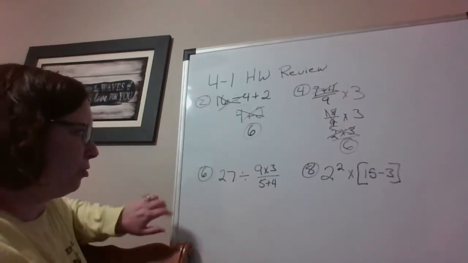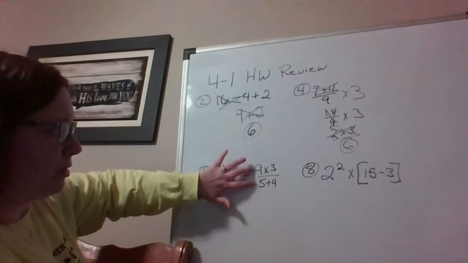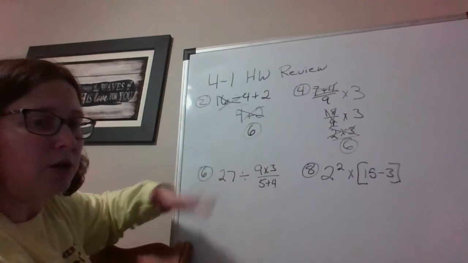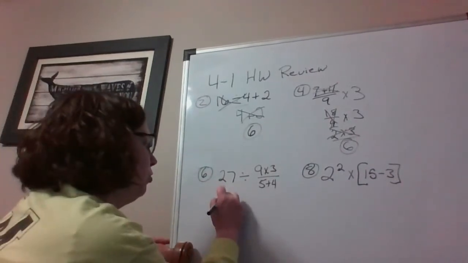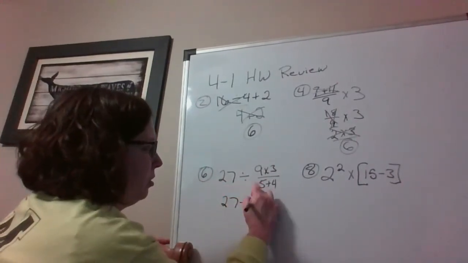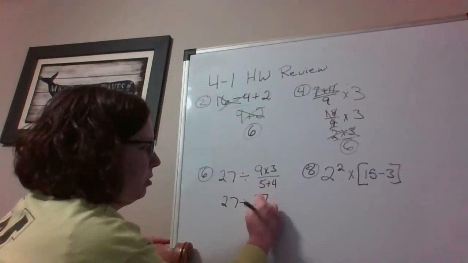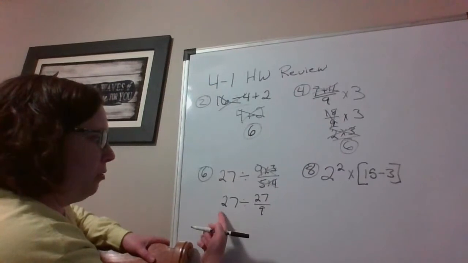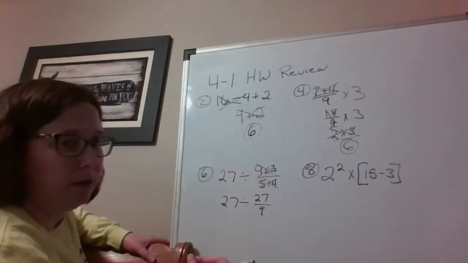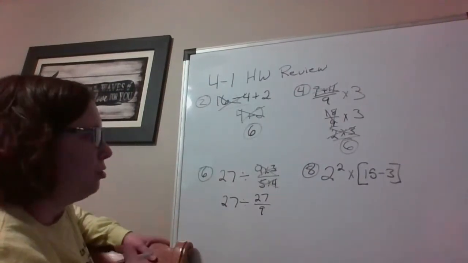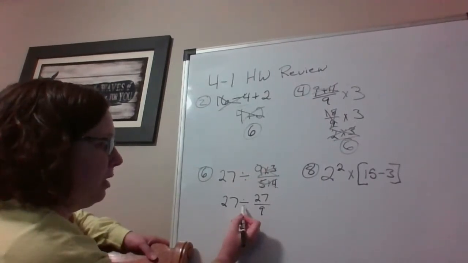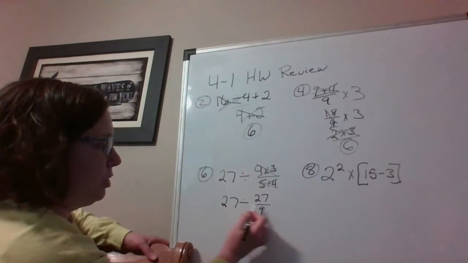Moving on to number 6, we have some groupings on both the numerator and denominator of this fraction. So we can go ahead and do both of those. So we can cross those out because we've done them. Now we're going to come down here, and the rule says to multiply and divide left to right, but when we look at this, we can't actually do this division yet.